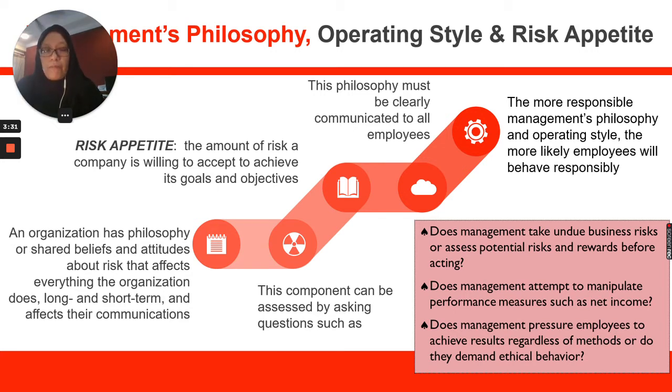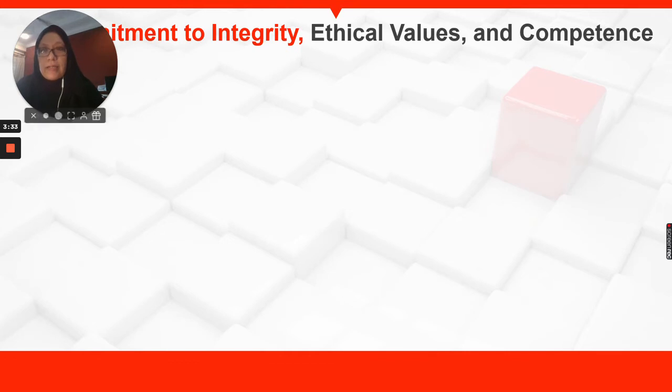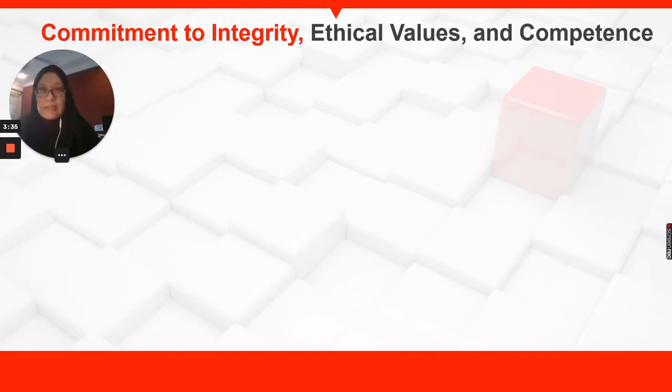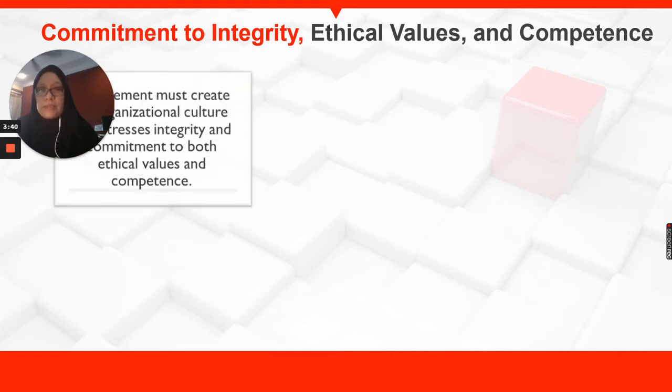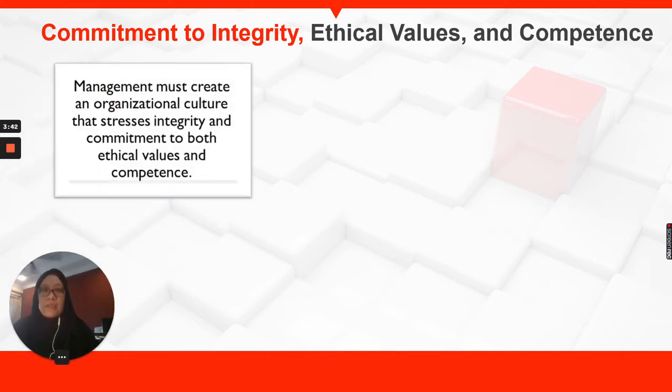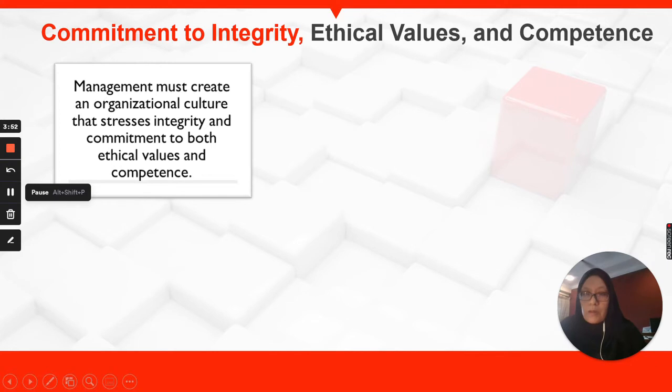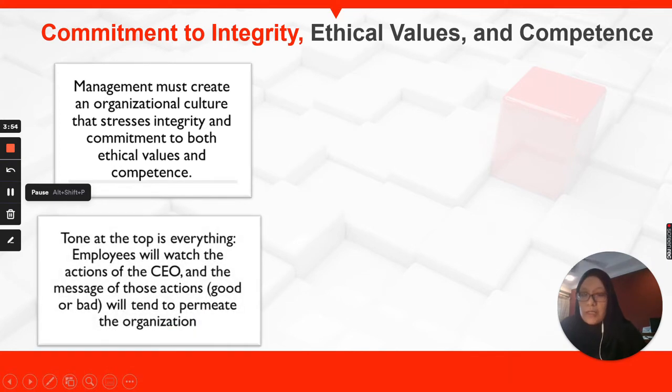The next item is commitment to integrity, ethical values and competence. Management must create an organizational culture that stresses integrity and commitment to both ethical values and competence. Companies endorse integrity as the basic operating principle by actively teaching and requiring it.